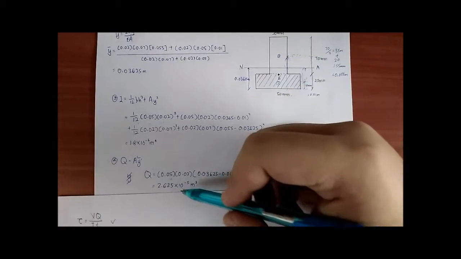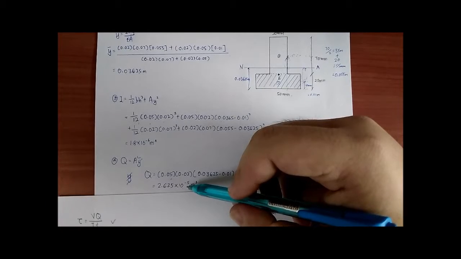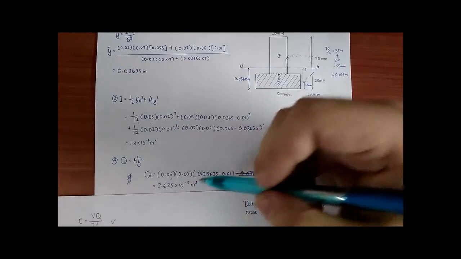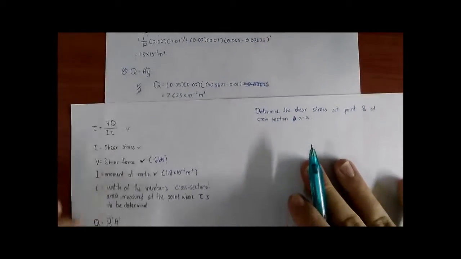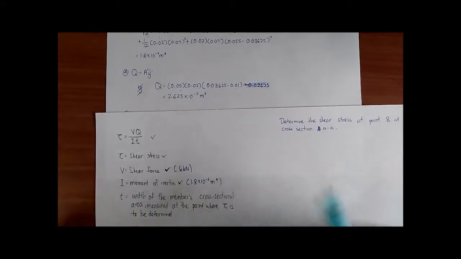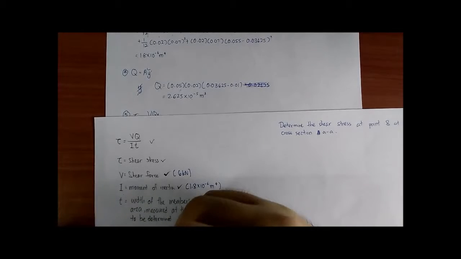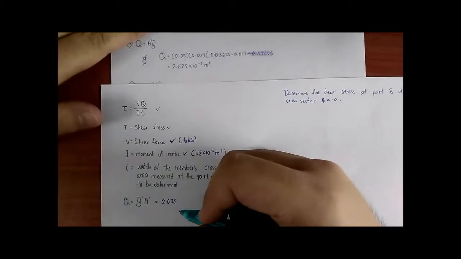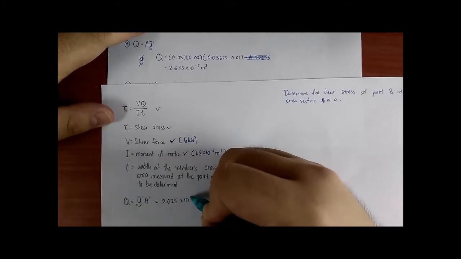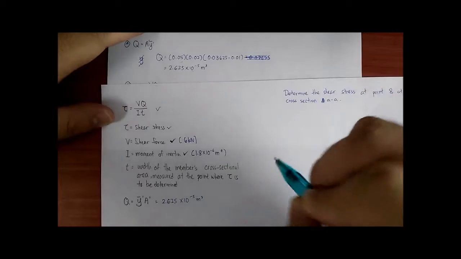After we calculate it, we will get 2.625 times 10 power of negative 5 meter cubed. So we already have our Q.